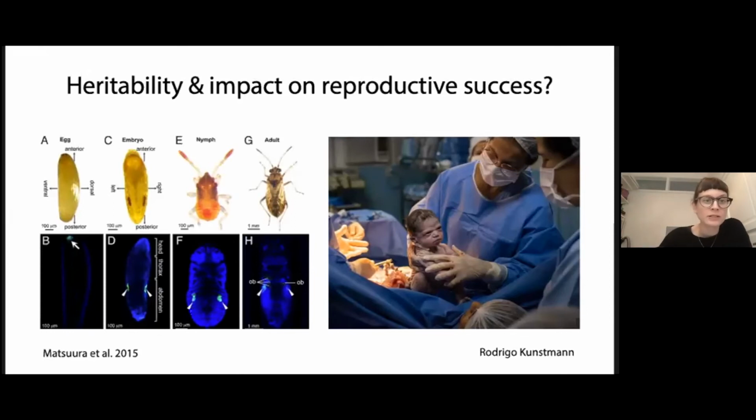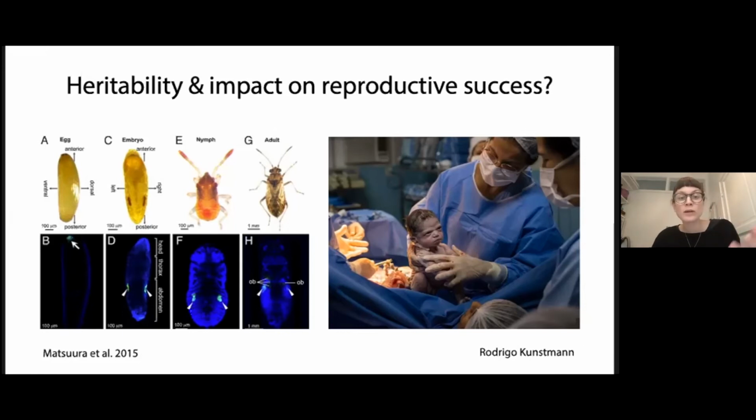Part of what would determine whether selection can act at the hologenome, holobiont level is whether the microbiome is heritable and whether it can impact reproductive success. We have lots of good examples from, for example, microbes associated with insects, where we can really trace how they're transmitted through generations and where they're found at all times.